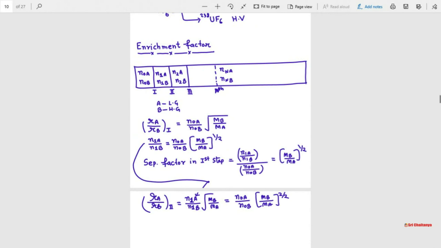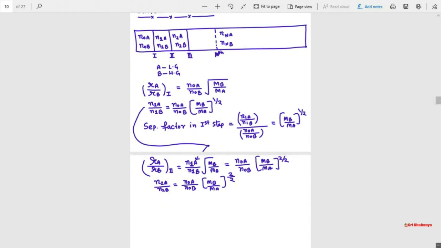On the left hand side, I can write that it is equal to N2A upon N2B, right? So N2A upon N2B is equal to N naught A upon N naught B, molar mass of B upon molar mass of A to the power, number of diffusion steps divided by 2.